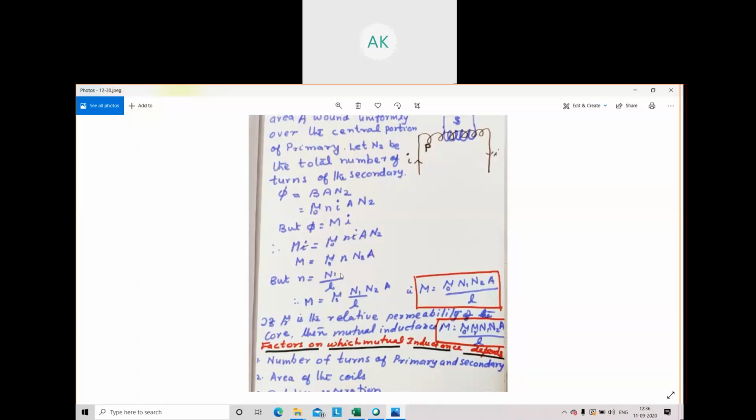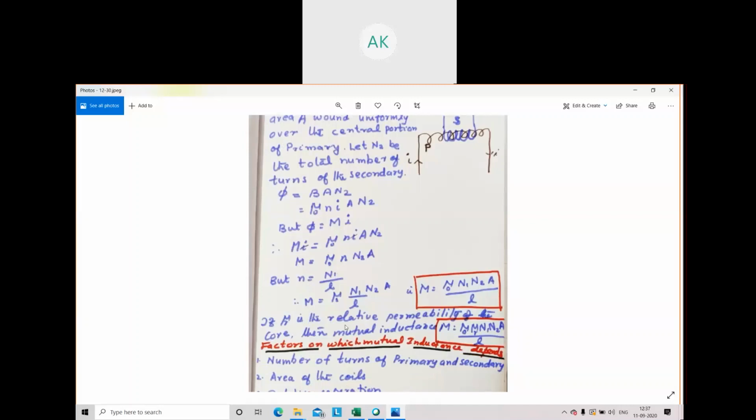Substituting that, we get the expression M equals mu 0 N1 N2 A by L, where A is the area of cross section, which we have taken the same. Then there is another case: if the area of cross section is different, we have to consider the shorter area of cross section, because only that much area will have the flux linked. That is a special case.